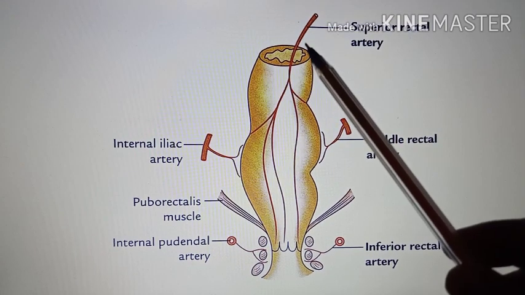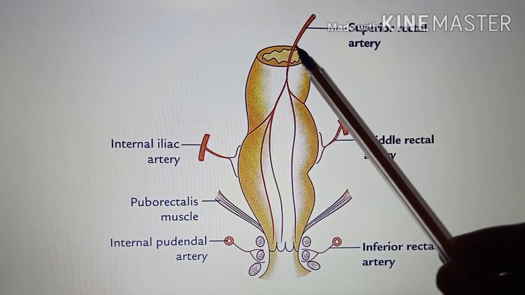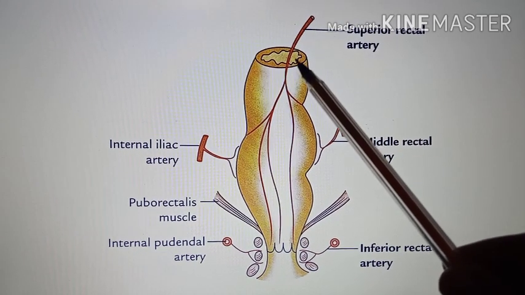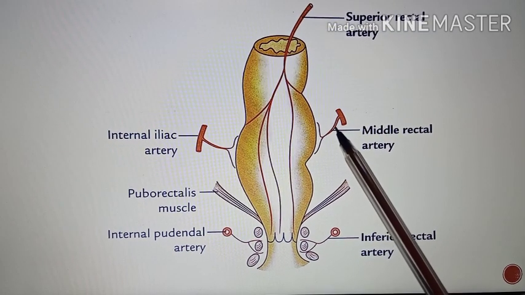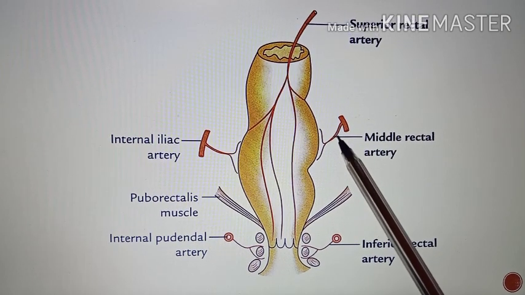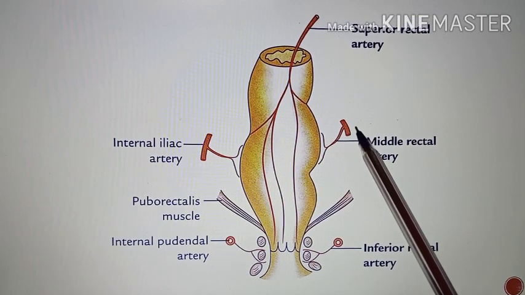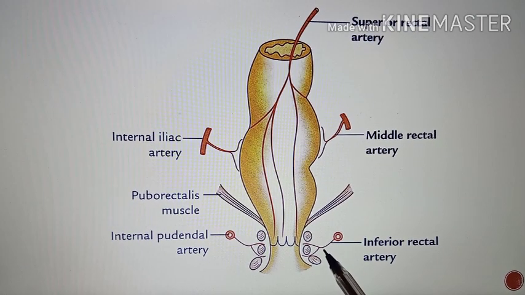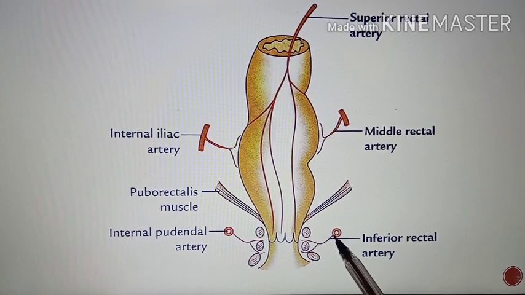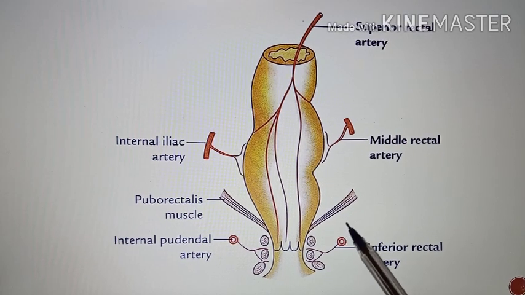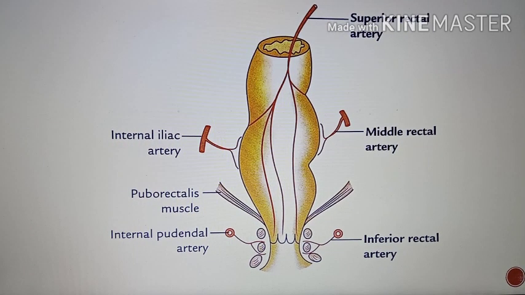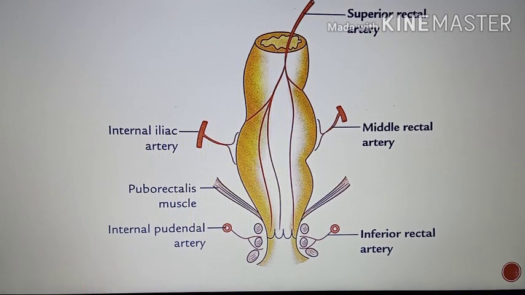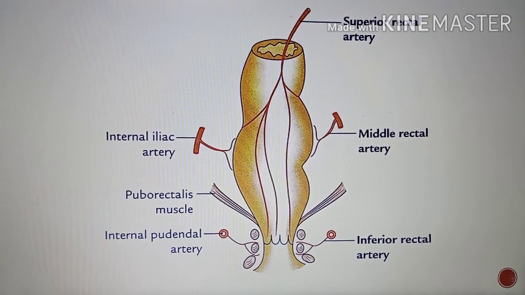The superior rectal artery is a continuation of the inferior mesenteric artery. The middle rectal artery is a branch from the internal iliac artery, whereas the inferior rectal artery is a branch from the internal pudendal artery. The median sacral artery, which you are not seeing in the slide, is a branch from the abdominal aorta.